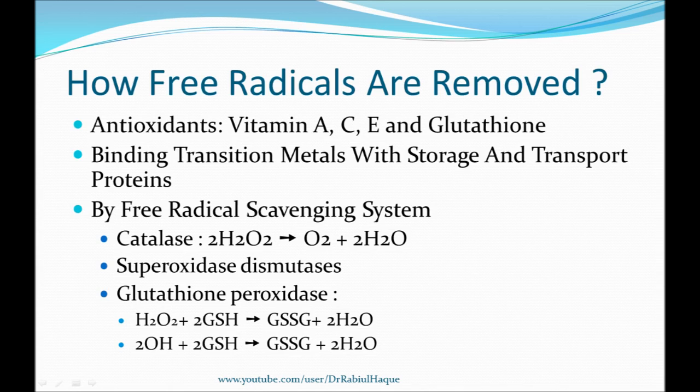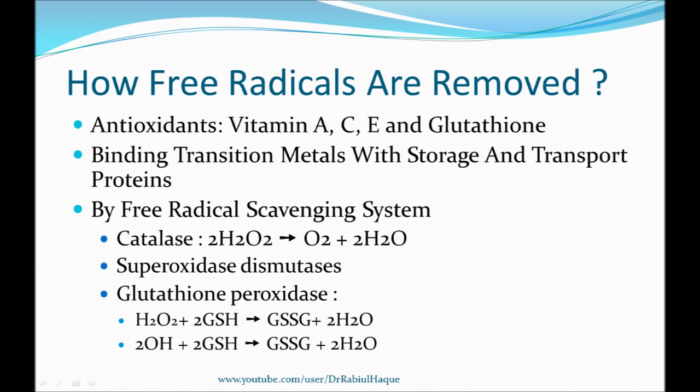So the examiners are very fond of asking this type of question, what reflects the oxidative state of a cell, and the answer will be the ratio of oxidized glutathione to reduced glutathione. So also keep that in your mind.